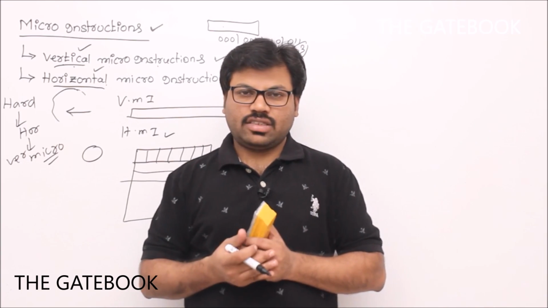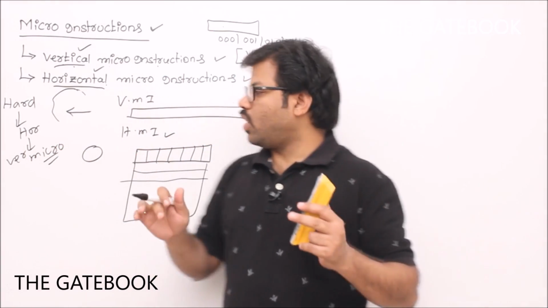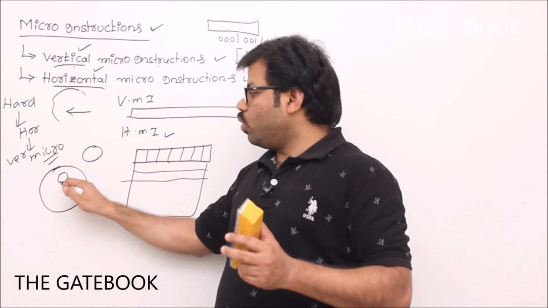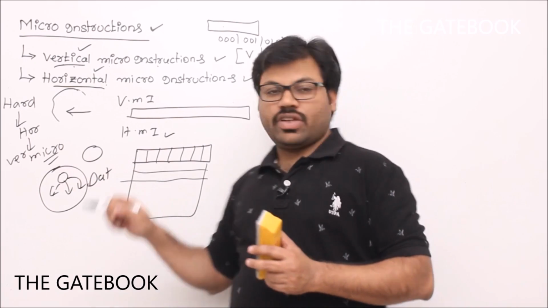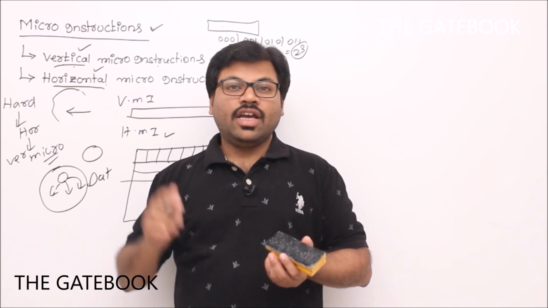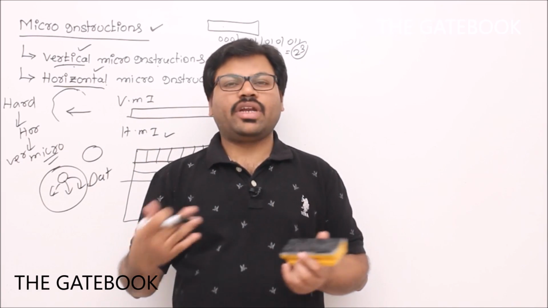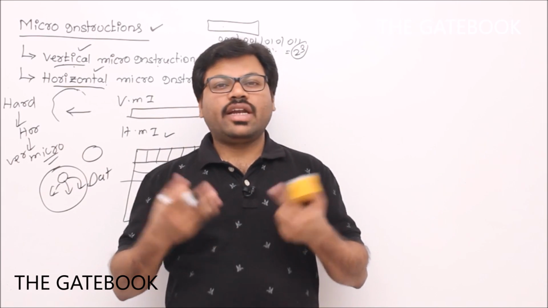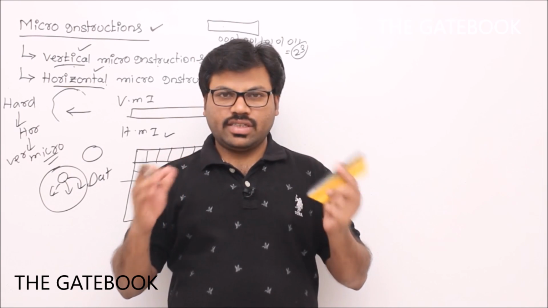Let us summarize. Initially, we started with just the circuit, right? Your processor, and we understood the processor and how to design it. We have seen the data path also. After the data path, I slowly explained that we need control signals to activate at appropriate times for proper execution of the instructions. But how to generate the control signals? For that we learned control unit design.